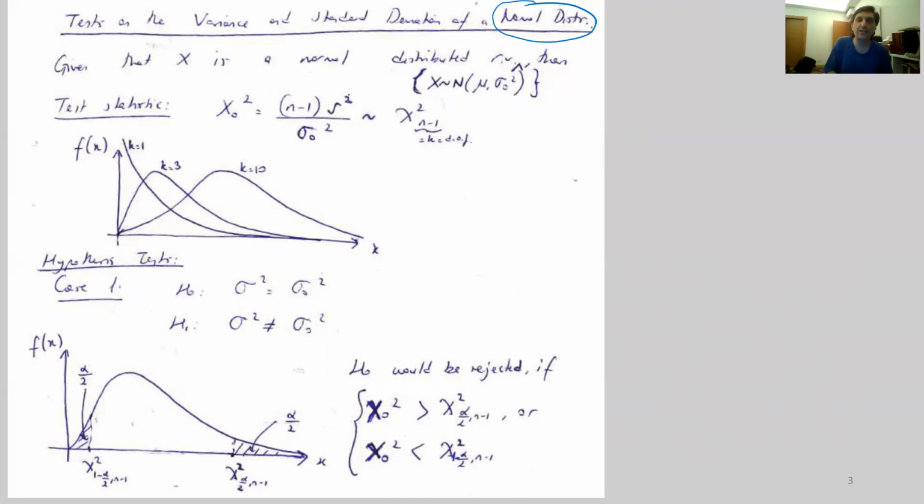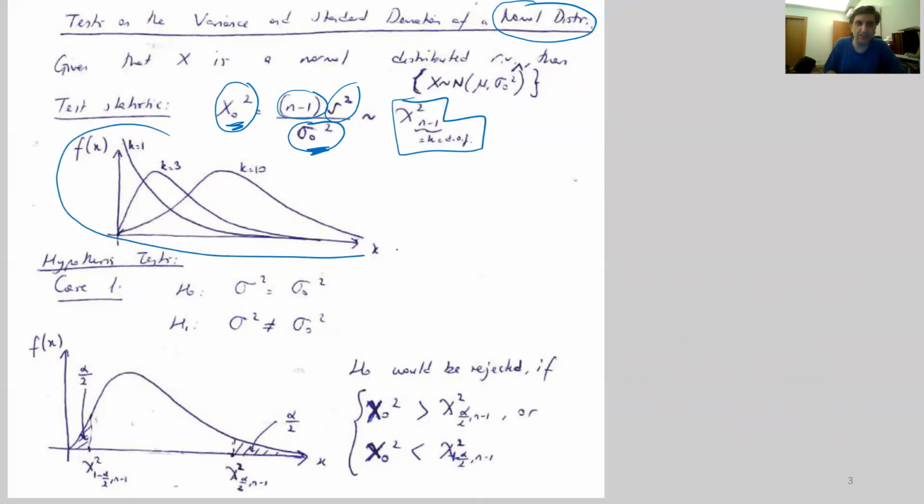We already have our sample statistic S square, which when multiplied by n-1 and divided by the hypothesized sigma square value is going to be our x square, which is chi-square distributed with n-1 degrees of freedom. And probably you can recall the chi-square distribution with different degrees of freedom.